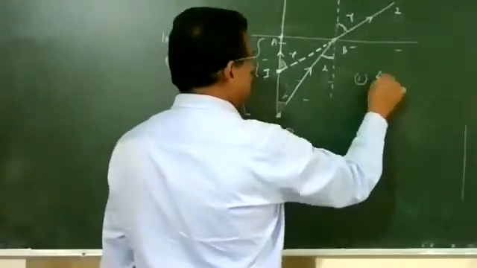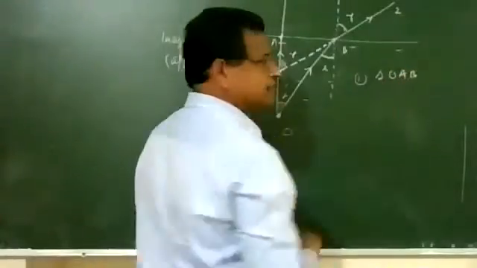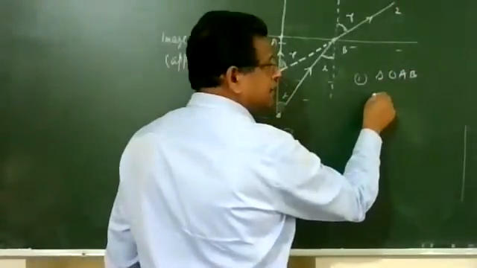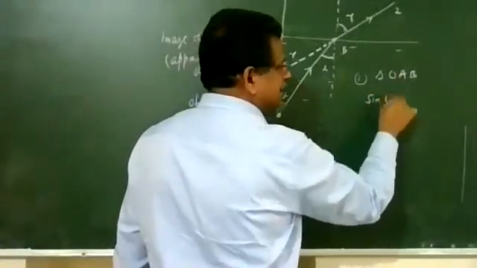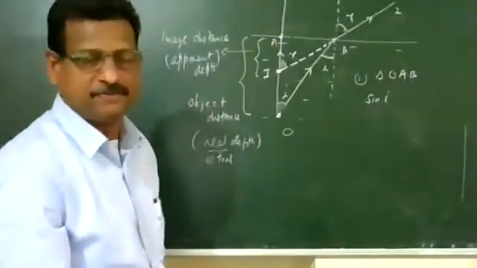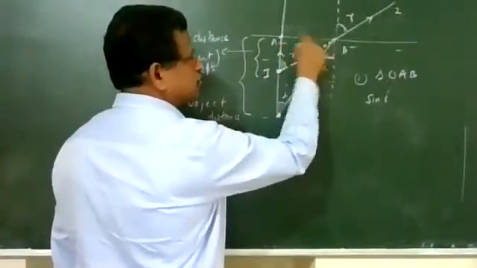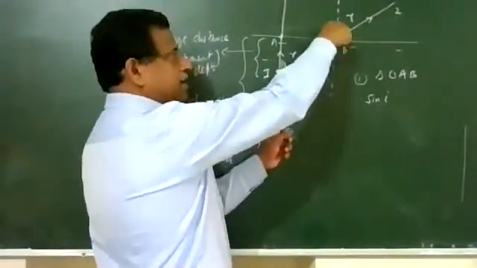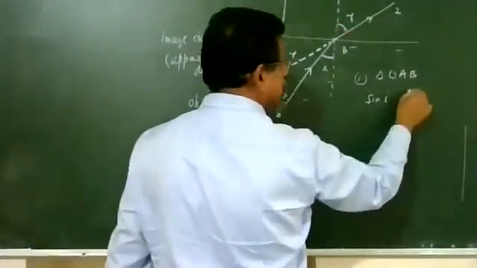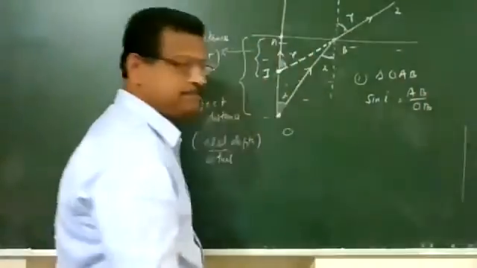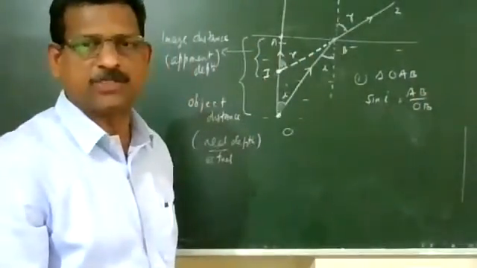So triangle OAB: what is sin I? Sin I is equal to the opposite side, AB divided by OB. This is AB divided by OB, equation number 1.